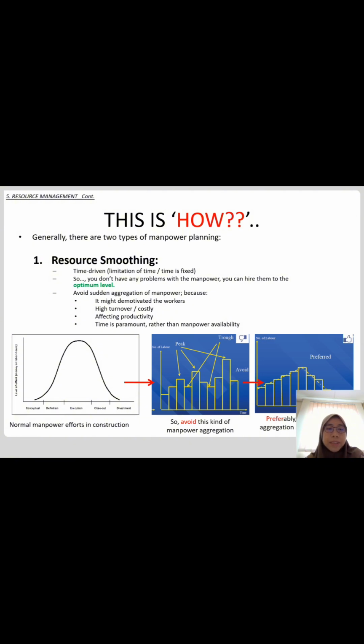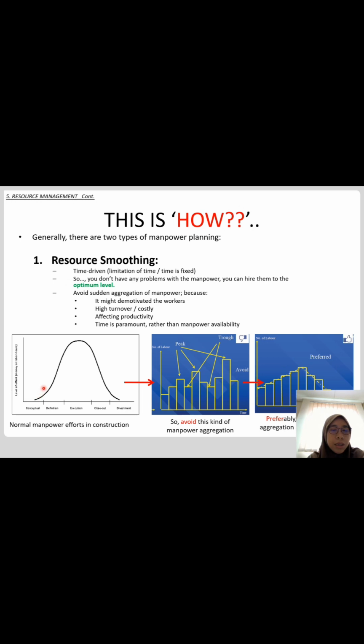Smoothing is to avoid sudden exaggeration of manpower because it might demotivate the workers and cause high turnover, which will affect the cost, affect productivity, and time is paramount rather than manpower availability.